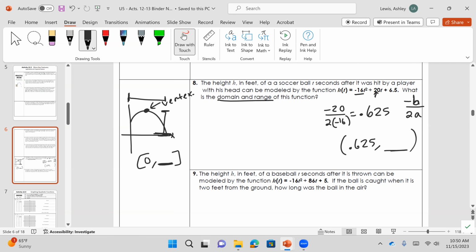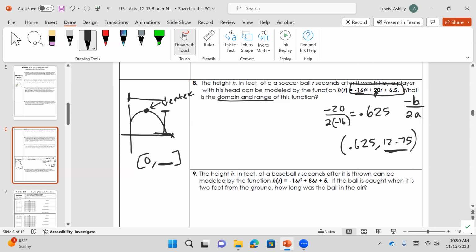Let's find the height. What do I do? Plug this into the equation. So guys, go ahead and type that into your calculator. 12.75, perfect. So the highest the soccer ball goes is 12.75 feet, and it reaches that height in 0.625 seconds.